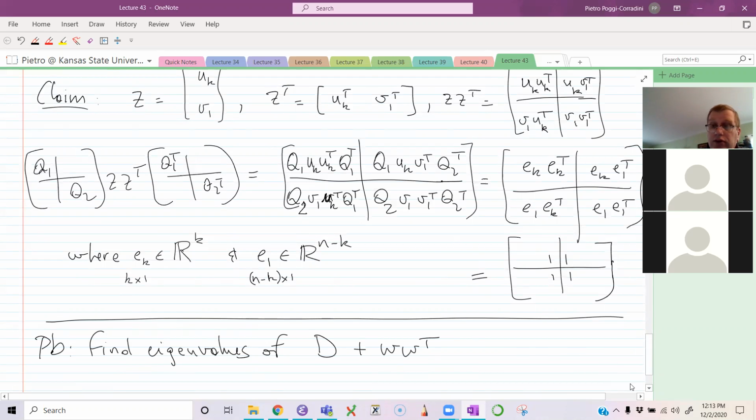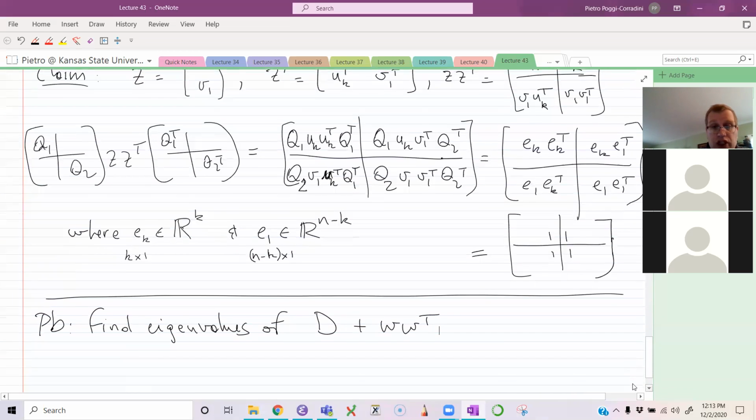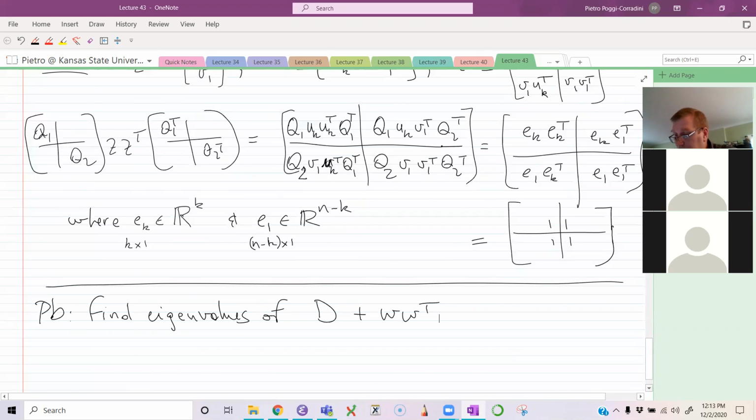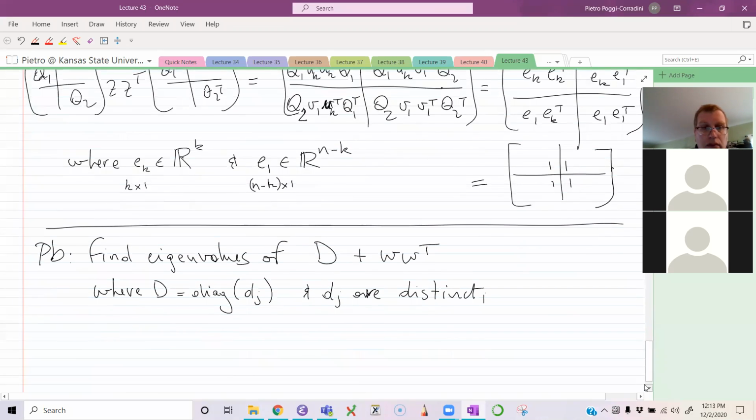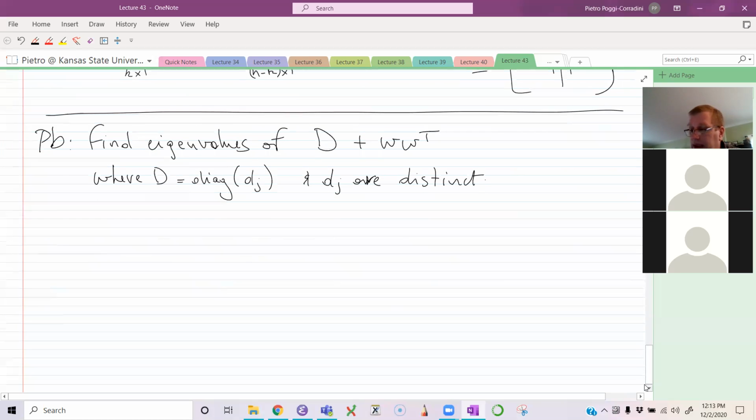And let's assume that D has some diagonal entries and the d_j's are distinct. All right. So that's just kind of the general problem.